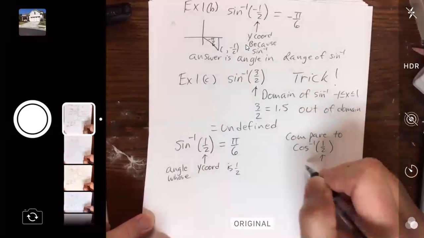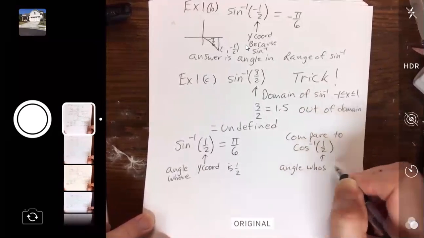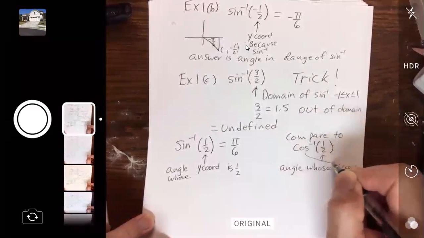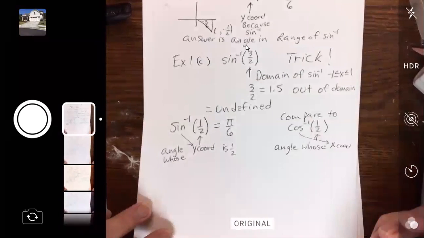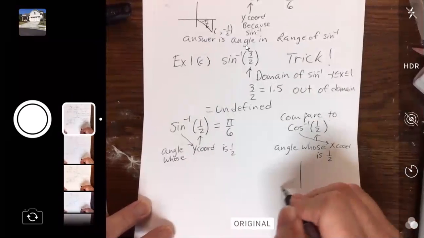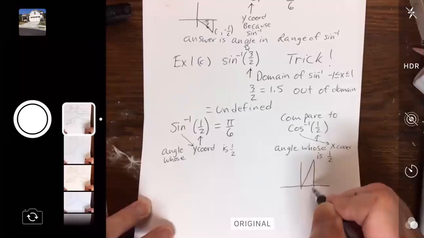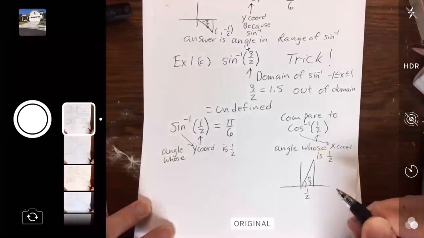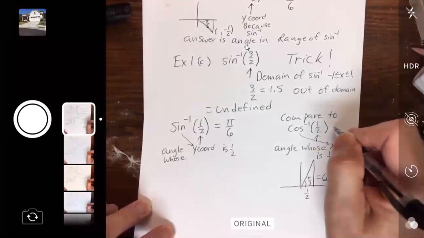Now you're looking for the angle whose x coordinate is 1/2. Cosine gives you the x coordinate, sine the y coordinate. If you remember on the circle, x coordinate 1/2, you're up at pi/3, or 60 degrees. But they'll want pi/3.